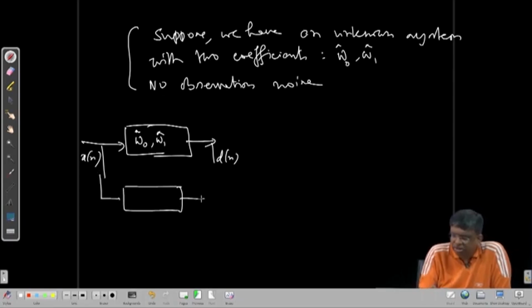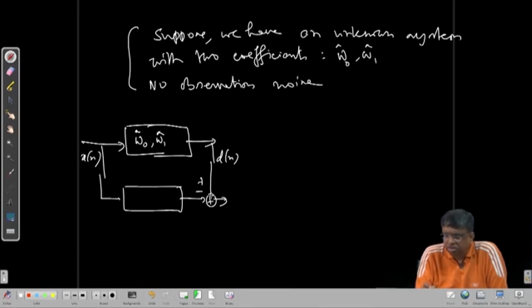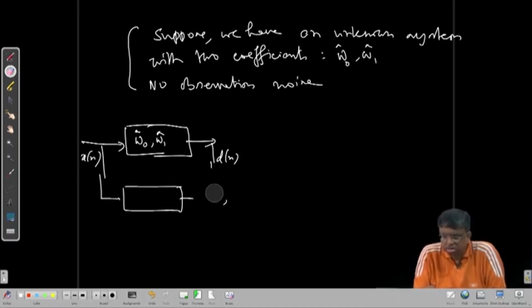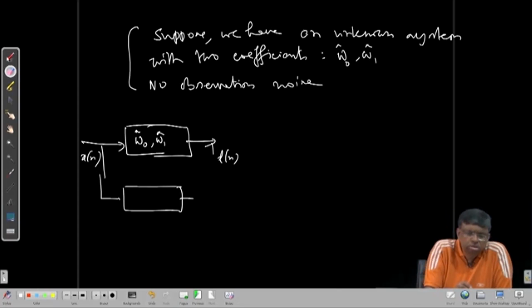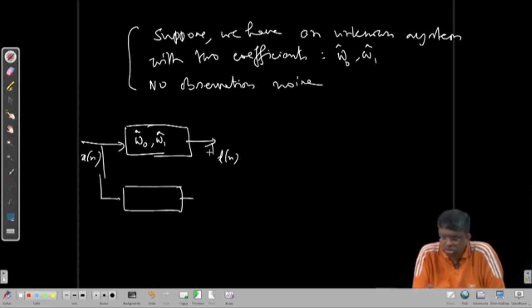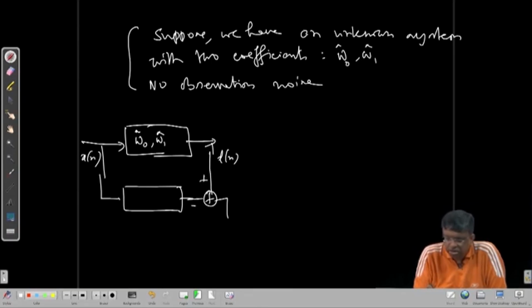So there is some adaptive filter. These are the original coefficients, but when it is adaptive it will use this error, so this is your dn, so this error and this input.